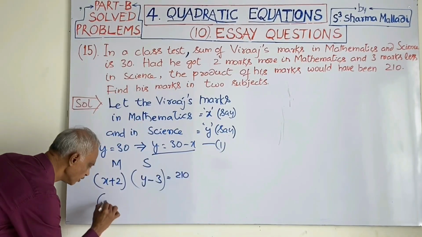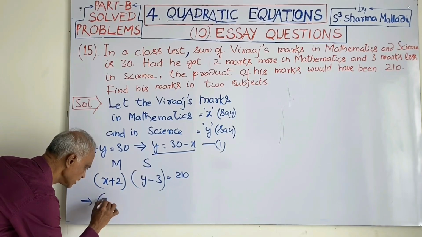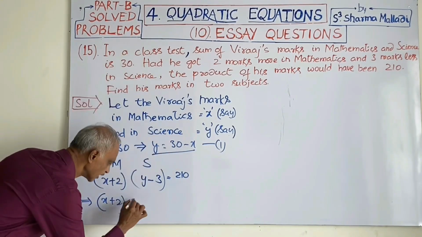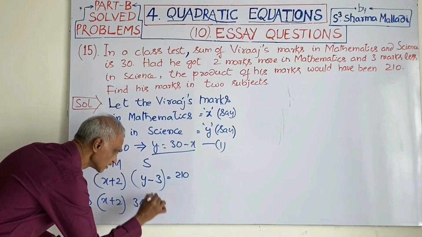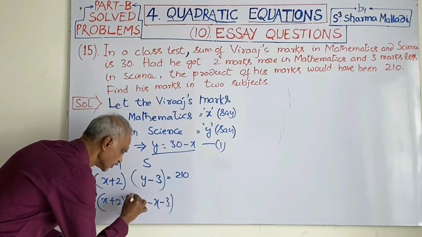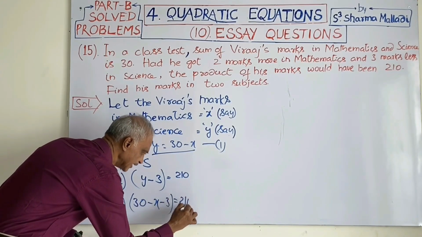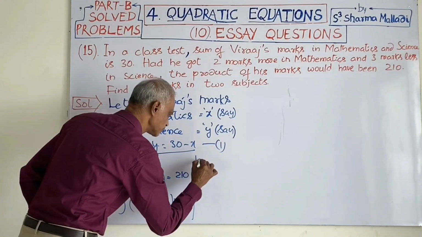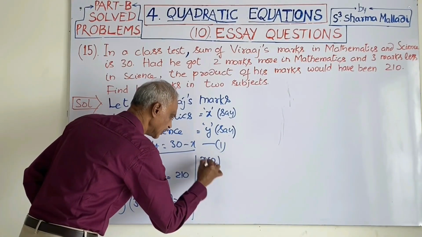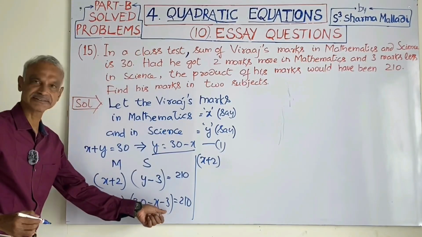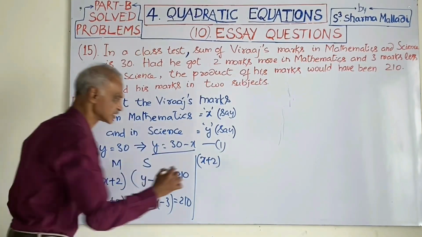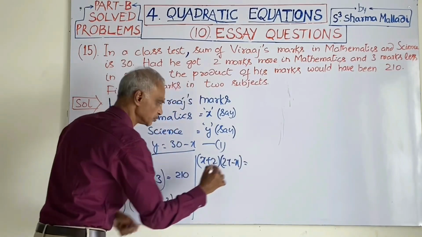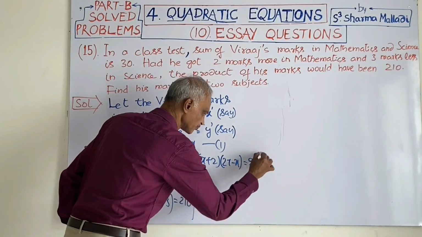Now you have X plus 2 into, what is the value of Y here? 30 minus X minus 3 is equal to 210. Now you will have X plus 2 and 30 minus 3, 27 minus X, is equal to 210.